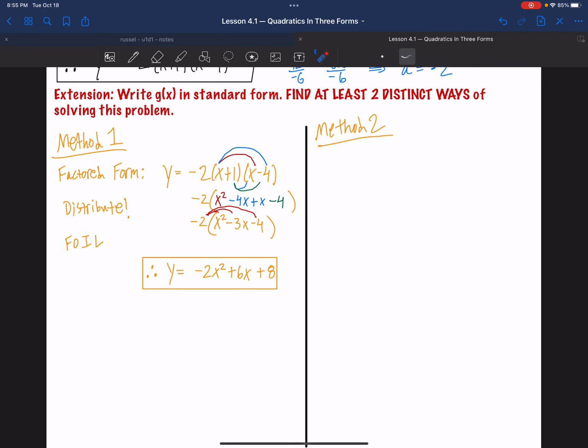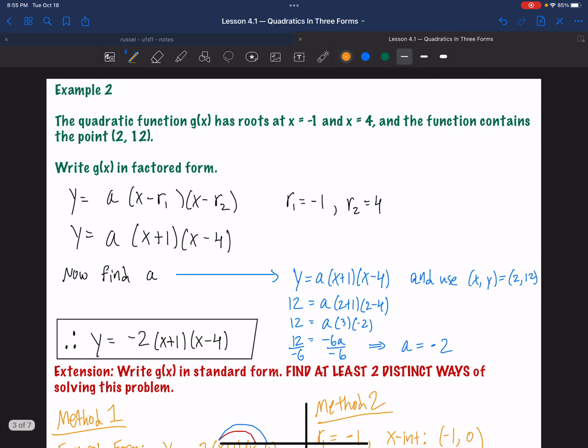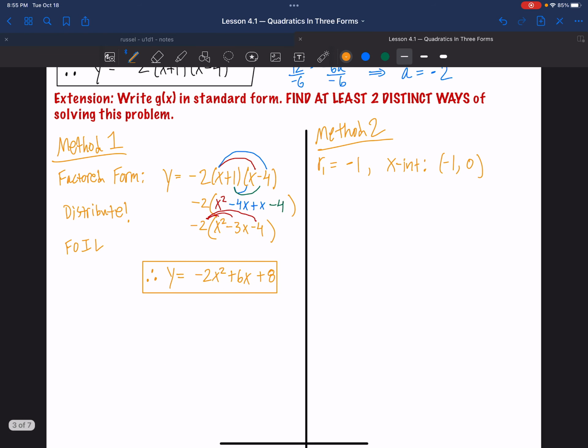Well, hey, if R1 equals negative 1, that means the x-intercept is at negative 1 comma 0. And if R2 is at 4, my roots, then the x-intercept is at 4 comma 0.